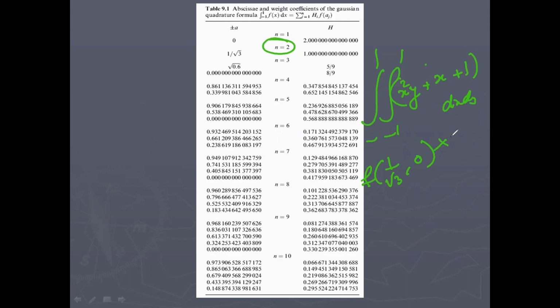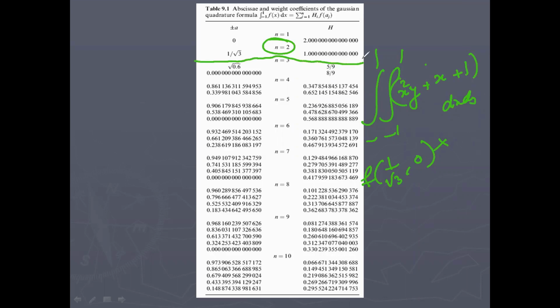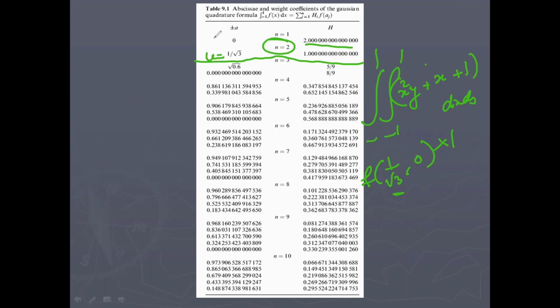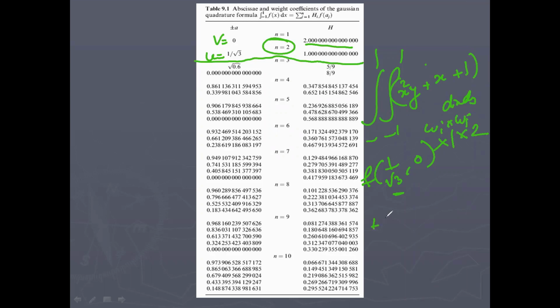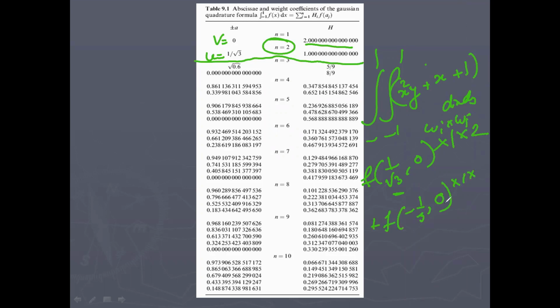Into 5 by 9. See, you have got 1 by root 3, which is your u, and v is equal to 0. So w_i into w_j. So f at 1 by root 3, 0, into 1.